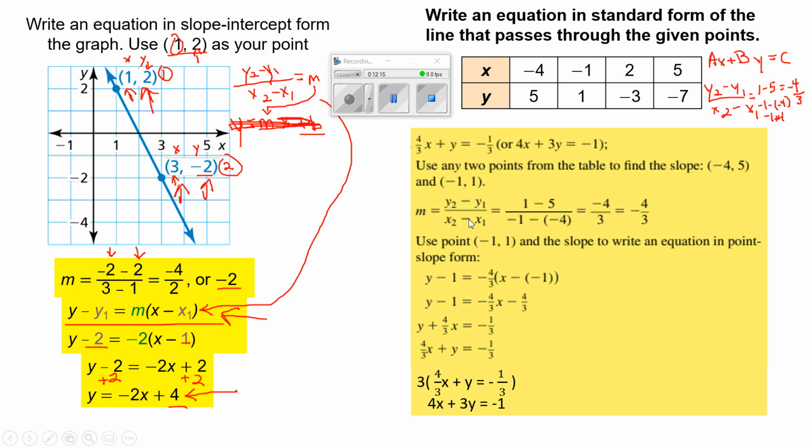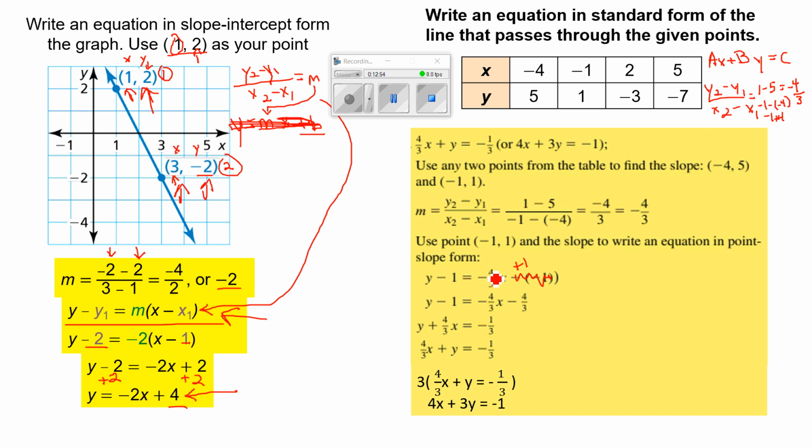So remember we have negative y1, so this would be a negative 1. And that means they're going to use y minus 1, and x has to be negative 1. And a negative times a negative is a positive. So this is really plus 1 over here. Okay, I'm going to erase all this and put plus 1 there.